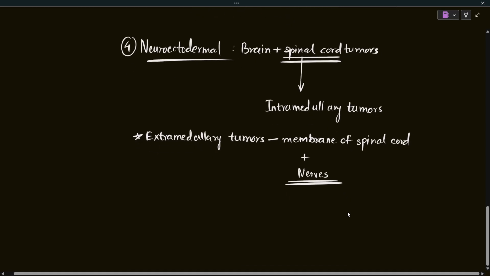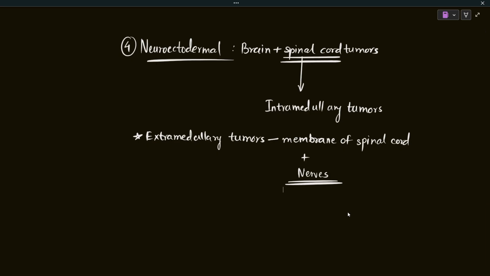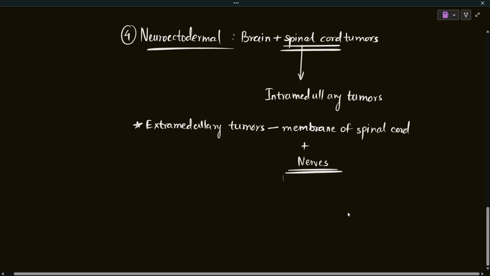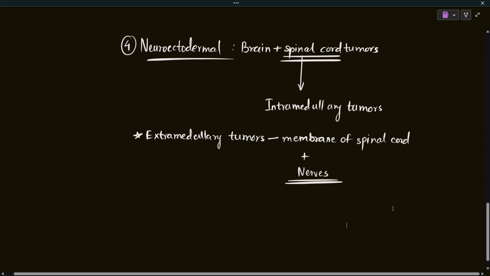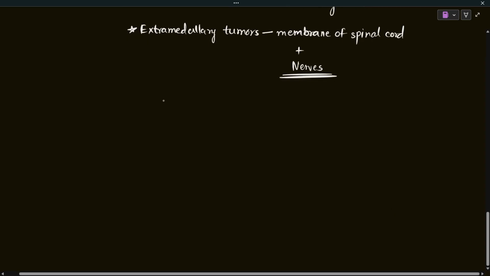So the examples are gliomas, where the glial cell undergoes that transition. Then astrocytoma, where the astrocyte cells undergo the transition. Meningiomas, the brain coverings. Neurofibromas. So these are the names. Let me list them down.